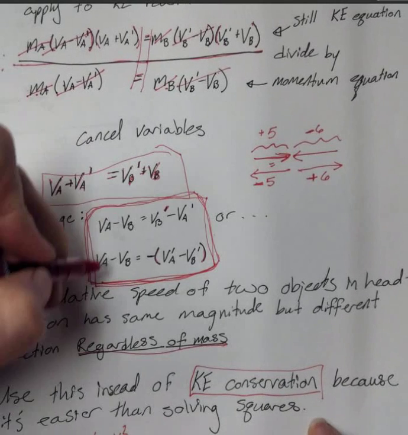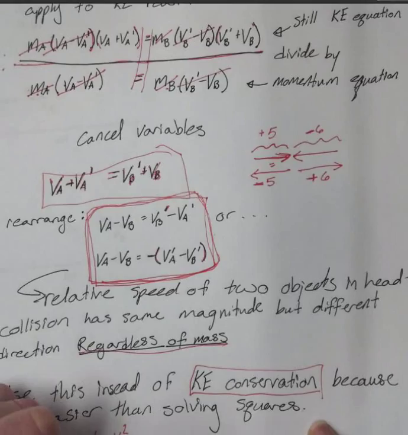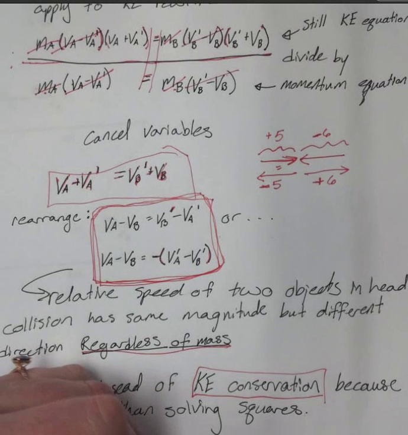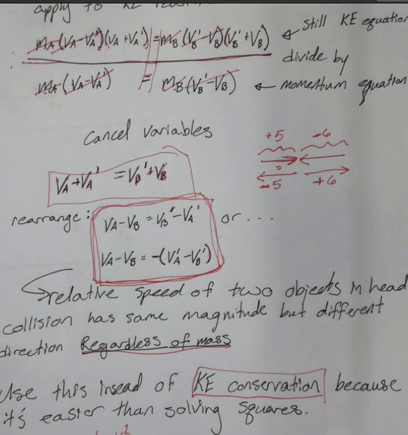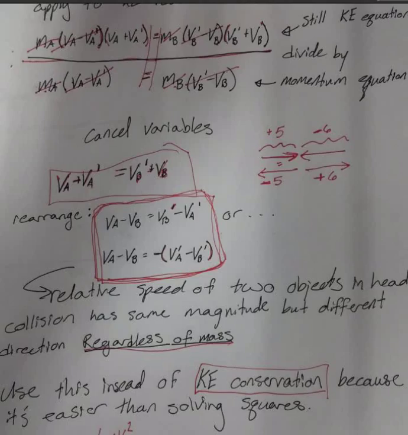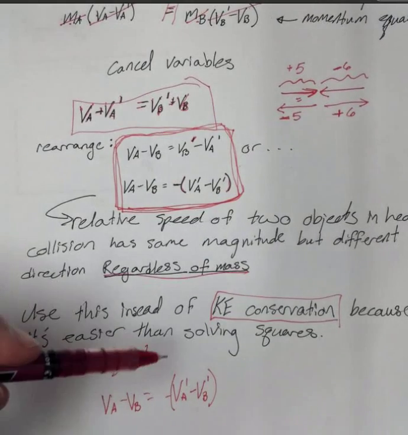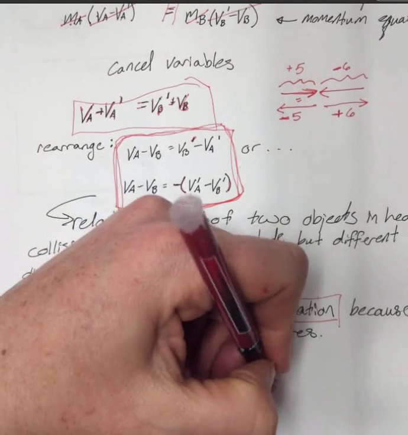Whereas this equation here, VA minus VB equals negative VA prime minus VB prime. All right, no squares, no masses. Compare the two. No squares, no masses. This is going to be much simpler to use.